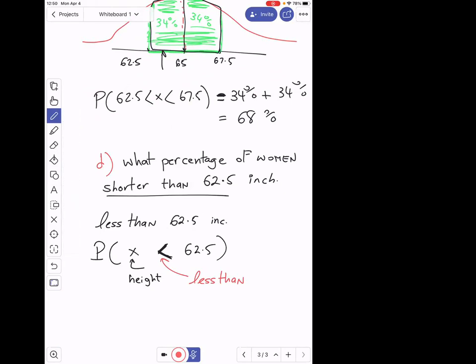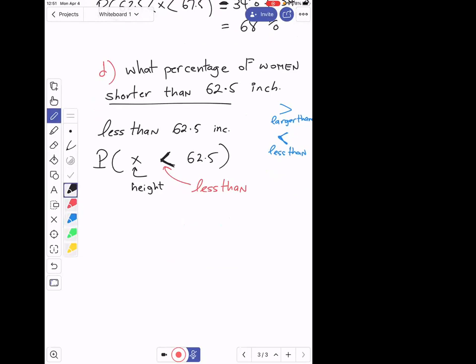Yeah, guys, just again, the difference. So this one here, this is larger than. And then the other way, that will be less than. So here your X is less than 62.5. All right, so let me graph again. My normal distribution.